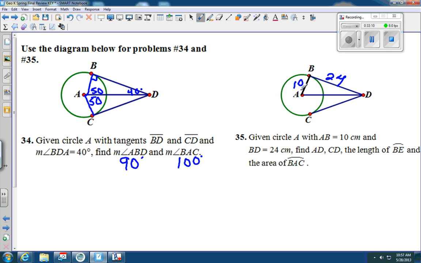Find AD. Well, this is a right angle, so I can do the Pythagorean theorem to find AD. So 24 squared minus 10 squared, take the square root, and you should get that AD is 26. Okay, find CD. Well, CD is going to be the same thing as BD, so that is 24.